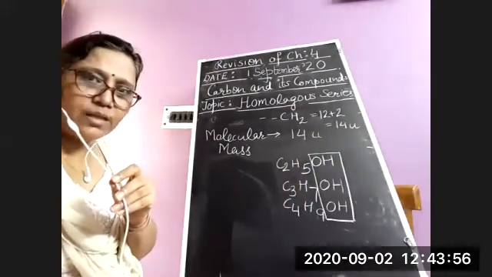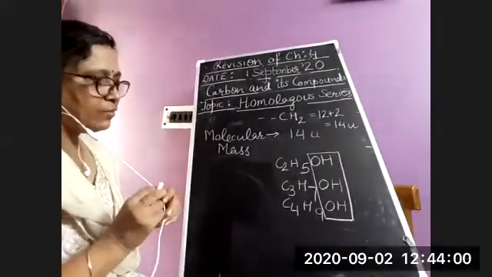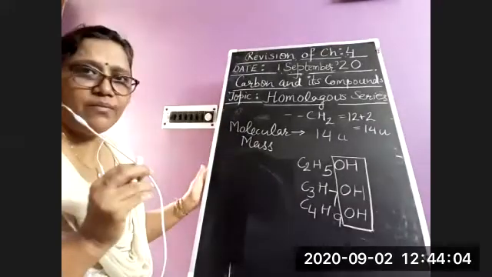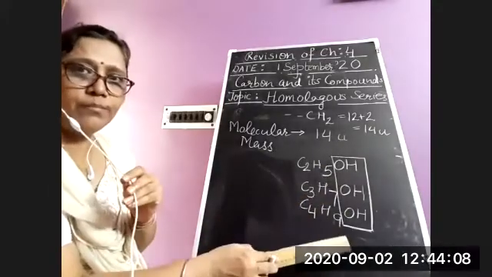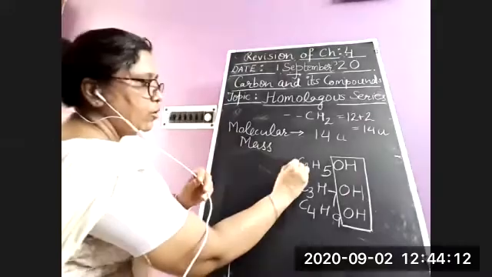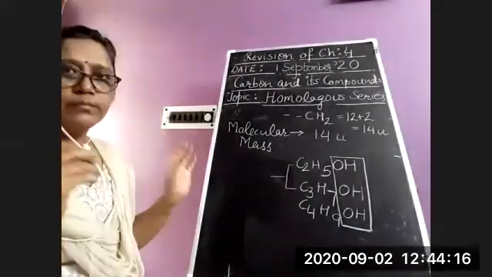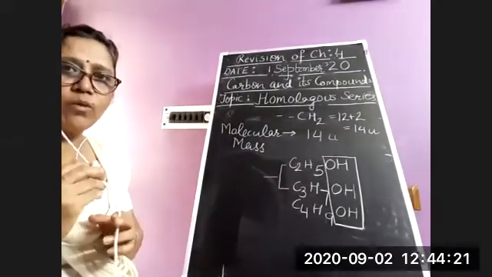Yes or no? Let us prove it. See, this was ethane, and the next member is propane. So if I see that the functional group is OH, all are the same, the first condition is proved. Now what is the difference of molecular formula in these two, that is ethane and propane?